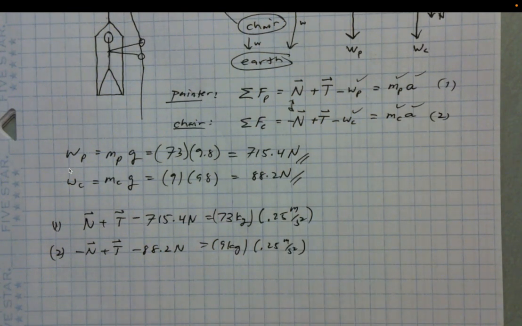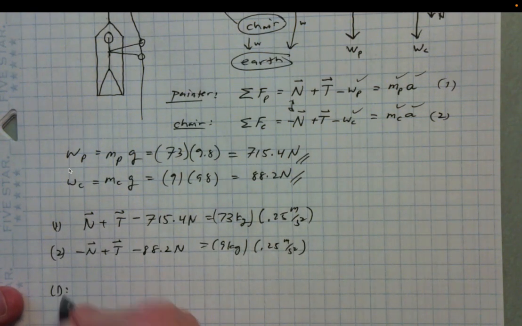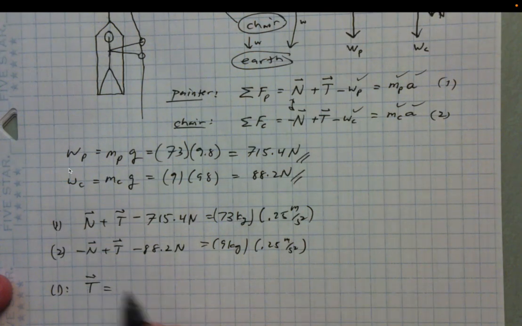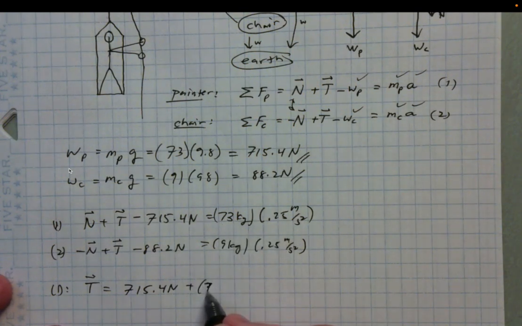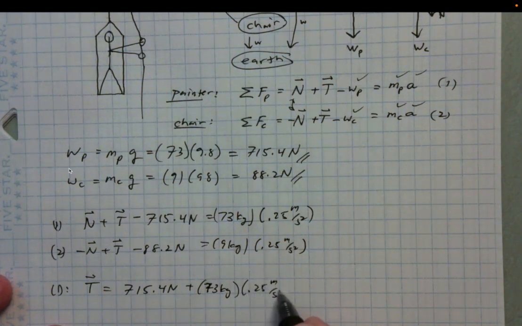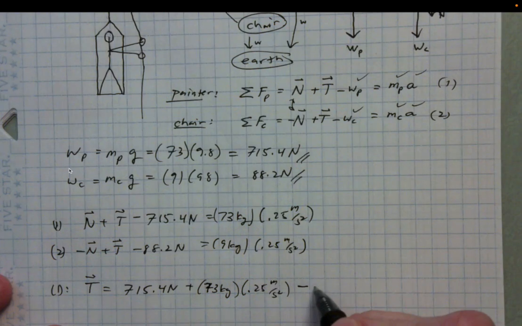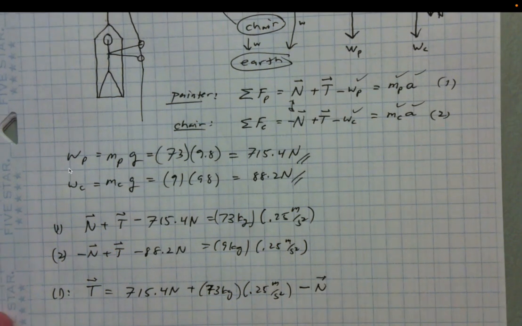Okay, so I'm going to solve for tension here in the first equation. Tension is equal to 715.4 newtons plus 73 kilograms times 0.25 meters per second squared, so that's this, and this, then minus whatever that normal force happens to be.